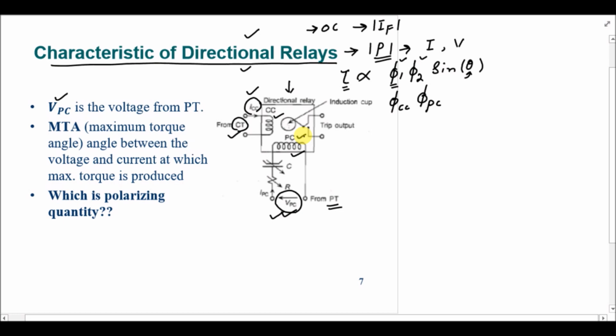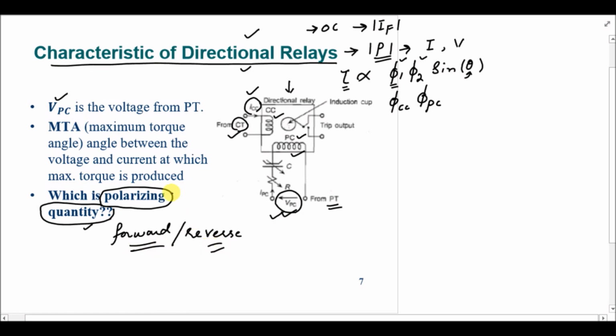In this case we require a polarizing quantity for the fault detection, and the polarizing quantity is the one which does not change its value or its direction when there is a forward or reverse fault. So in both cases this polarizing quantity should remain the same, or its direction should not change in terms of phase.